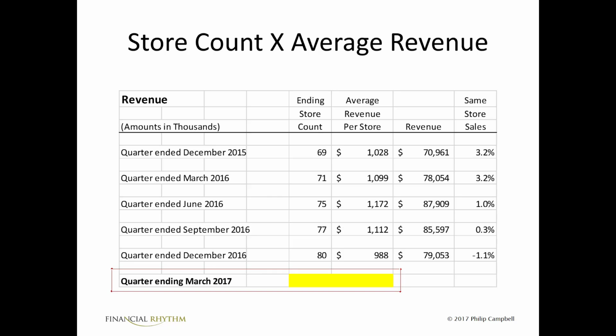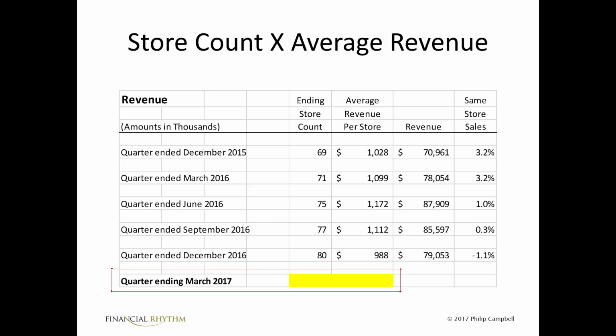We're going to look at their store count at the end of the quarter and the average revenue per store for the quarter, because those are the two numbers we're going to use to forecast revenues for this large 80-plus restaurant chain that's pushing close to $350-plus million in revenue. Those are our two numbers. Store count at the end of the quarter times average revenue is going to equal our forecast revenue.